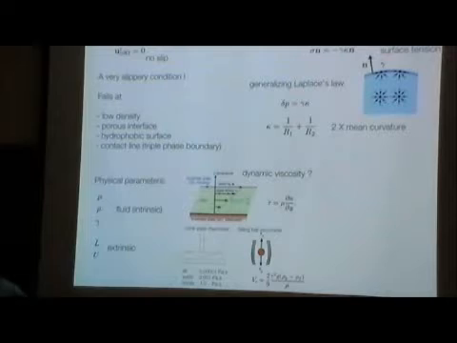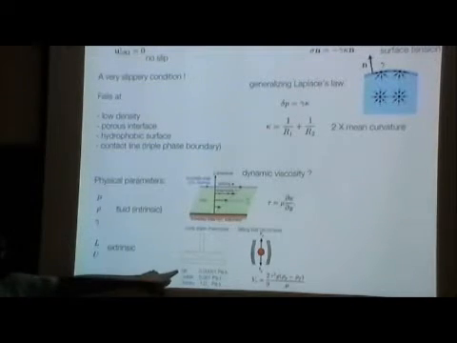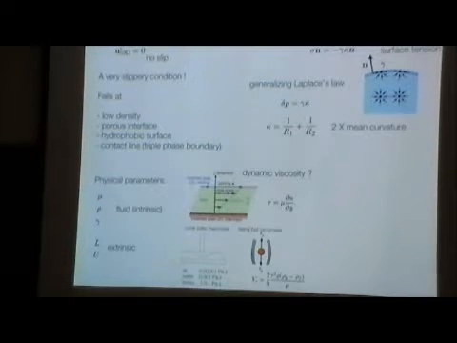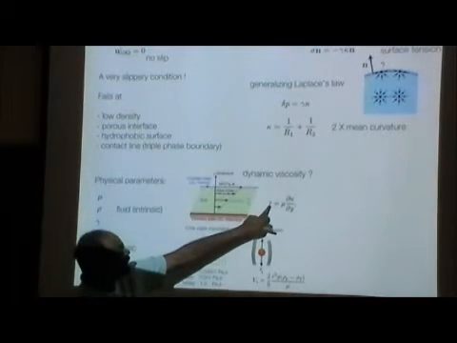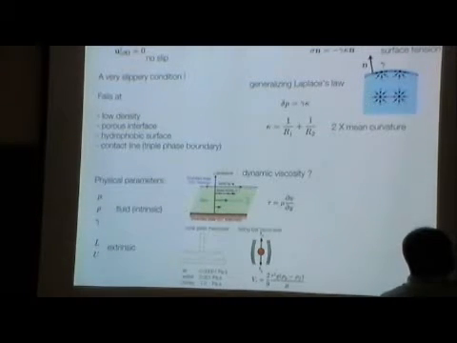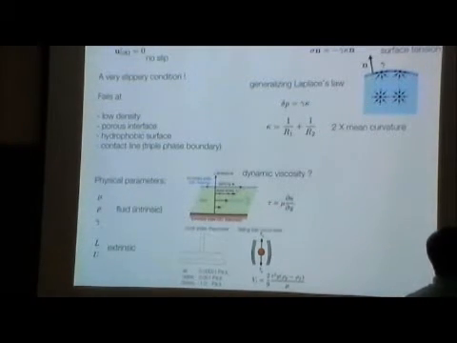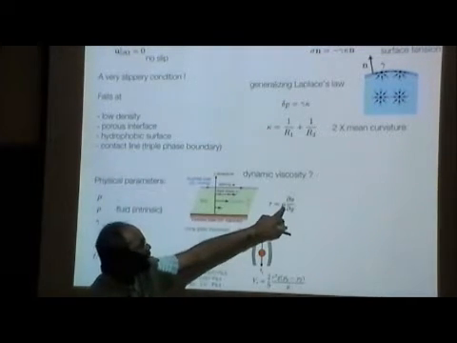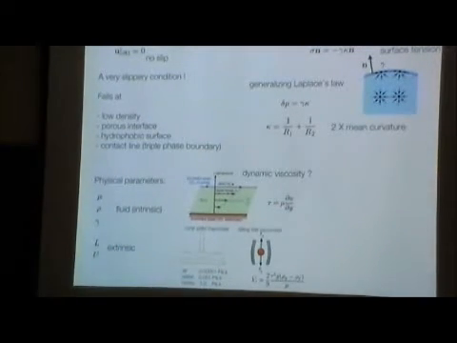Okay, numbers. The viscosity of air is 10 to the minus 5. What are the units? Pascal second, because this quantity has dimensions of Pascal, force per unit area, Newton per meter squared, and du dy has dimensions of 1 over time, so mu has dimensions of Pascal second.